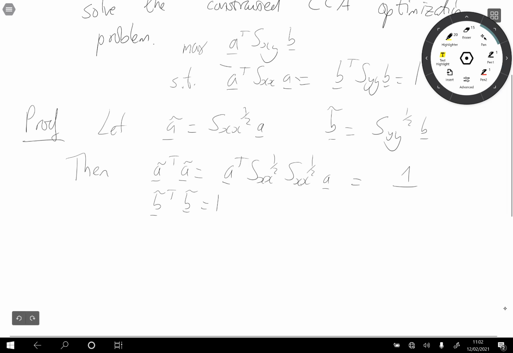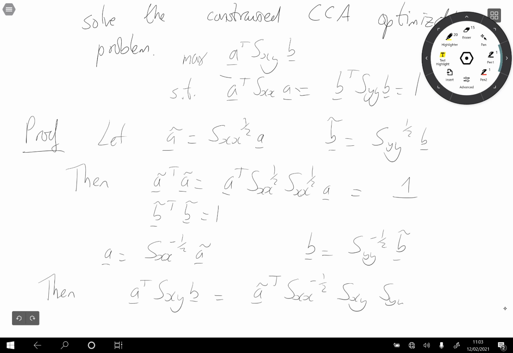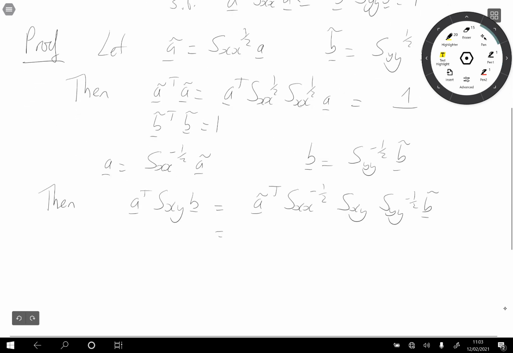Now if we write that A is S_XX to the minus half A tilde, and B, if we rearrange this, is S_YY to the minus half B tilde, then our objective, A transposed S_XY B, becomes A tilde transposed S_XX to the minus half S_XY S_YY to the minus half B tilde, which you'll notice is A tilde transposed the matrix Q B tilde.